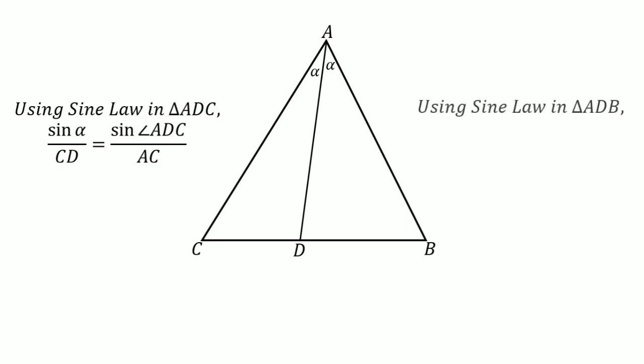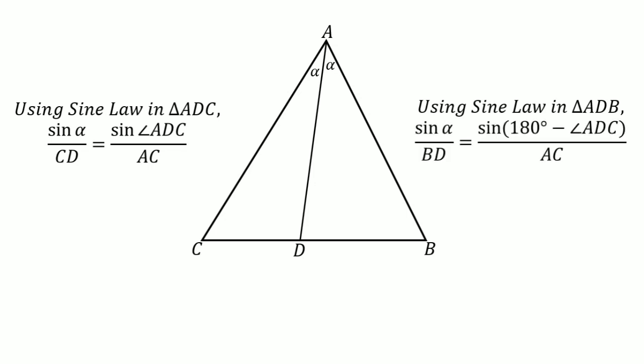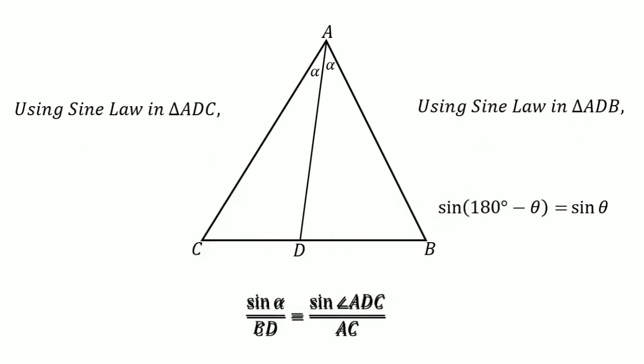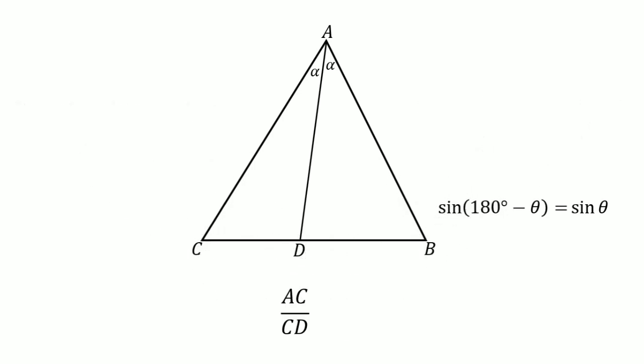Now using the sine law in triangle ADB, we can say sine of alpha divided by DB is equal to sine of 180 degrees minus angle ABC divided by AC. Now fusing these two equations and using this identity, we can say AC divided by CD is equal to AB divided by DB. Now we use this technique for finding our answer.